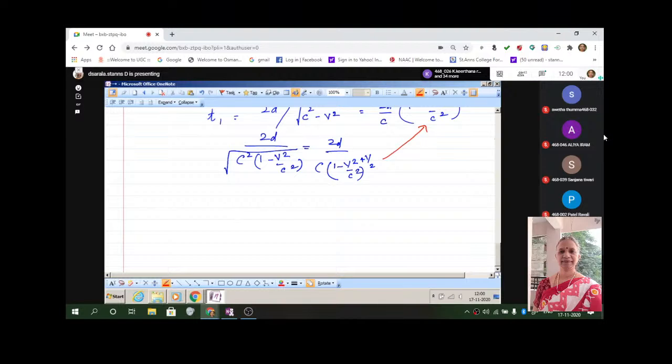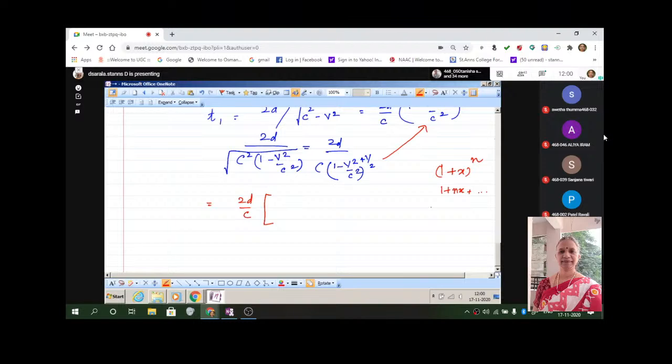By using the binomial expansion, this can be written as 2d by c into, it's in which form? 1 plus x to the power n, so it is 1 plus nx plus higher terms and so on.